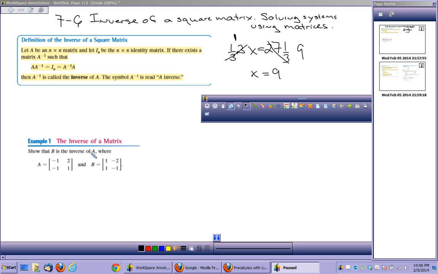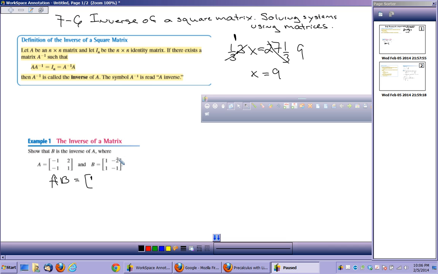It says show that B is an inverse of A. If B is the inverse of A, then if I multiply A times B, I should get the identity matrix. Let's do that. -1 times 1 is -1, and 2 times 1 is 2, and -1 plus 2 gives you a 1 in the top left.